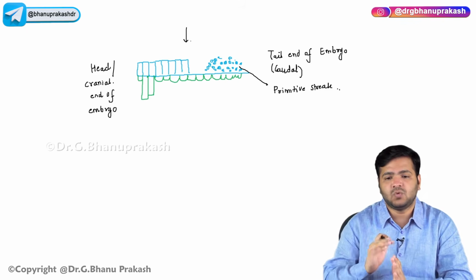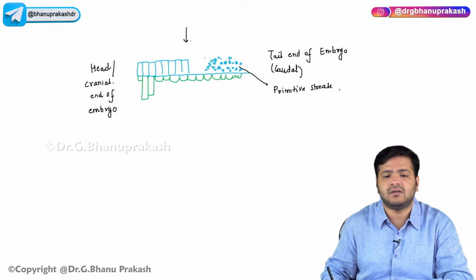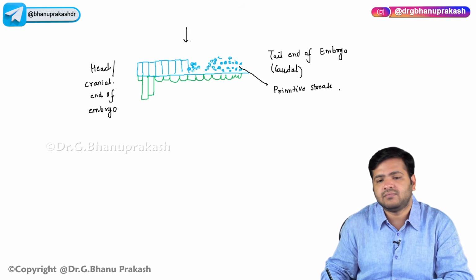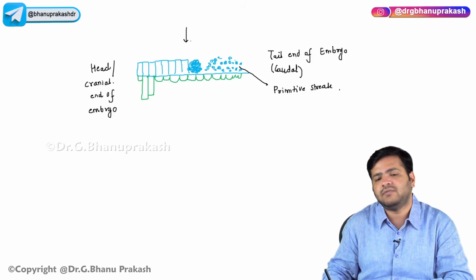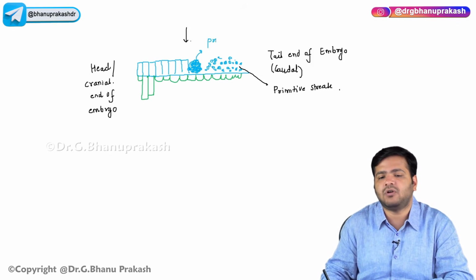And towards the end over here, remember, they will try to form a knot, and this is called the primitive knot.